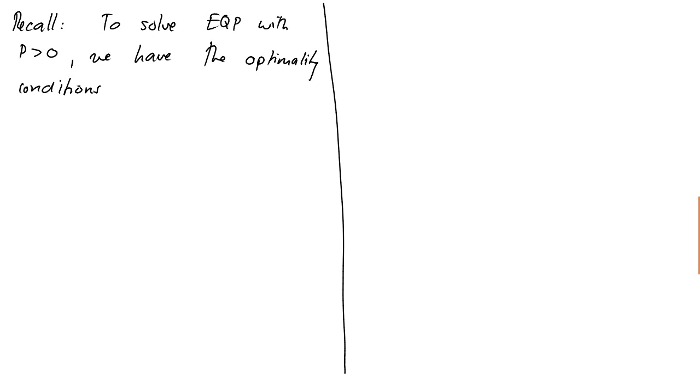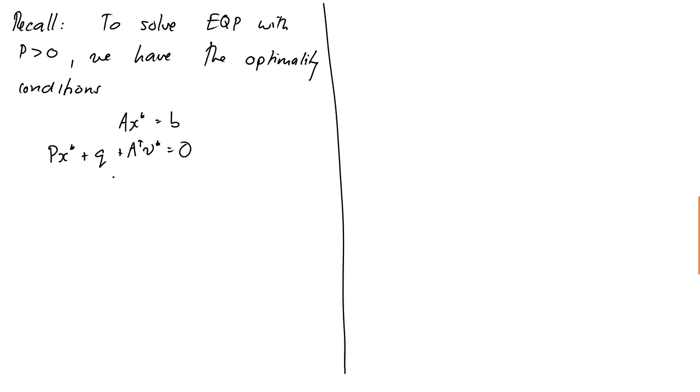These are the KKT conditions that we had last time: A x star equals b, and P x star plus q plus A transpose nu star equals 0. If we can solve those two equations, and we can write that in matrix form quite straightforwardly, then we've found our optimum for the equality-constrained quadratic program.